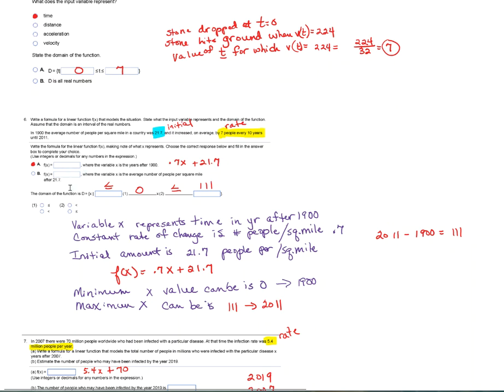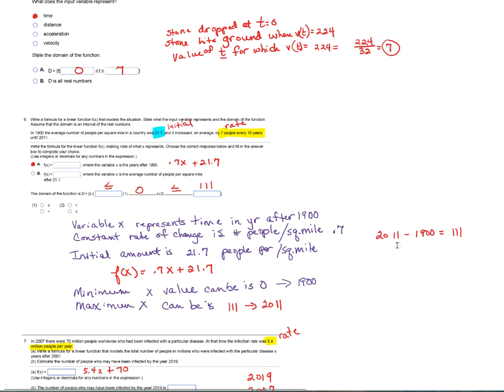All right. The domain of the function. Okay, the domain. So we have to think, what does x represent? X represents the years after 1900. So x could be 0, because that's what it would be at 1900.